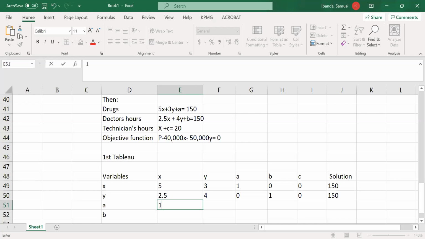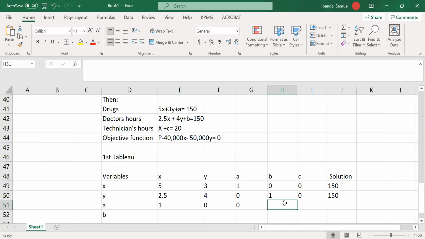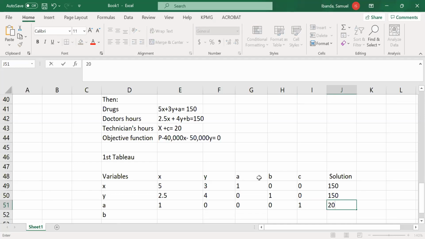Here we don't have anything, and also nothing here. We have something here, and this adds to 20. I hope you're following how I'm trying to input this kind of information.